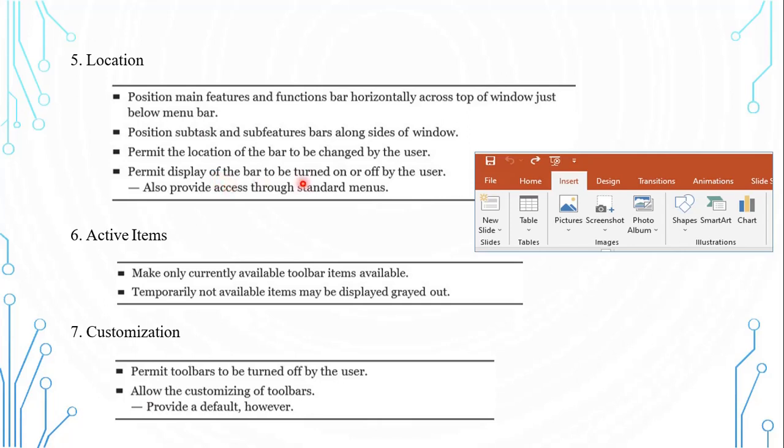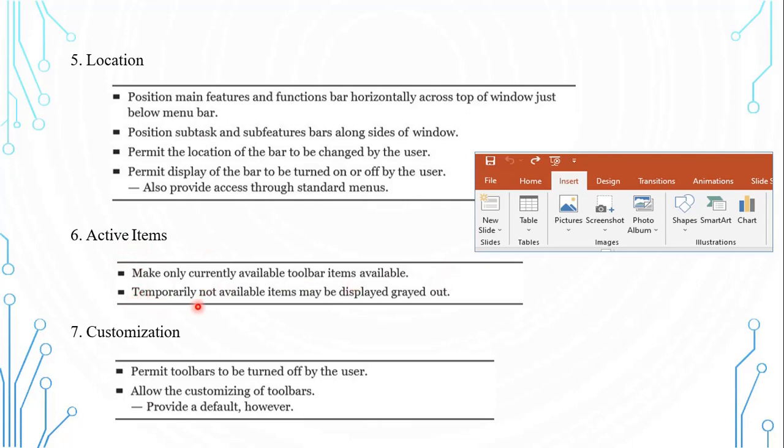That means there should be two ways to provide the action. One is to go to the menu and then access the toolbar button, or you can directly invoke the particular action without going into the menu. So two-way action should be there. Provide access through standard menus as well. Next we have active items. Make only currently available toolbar items available.